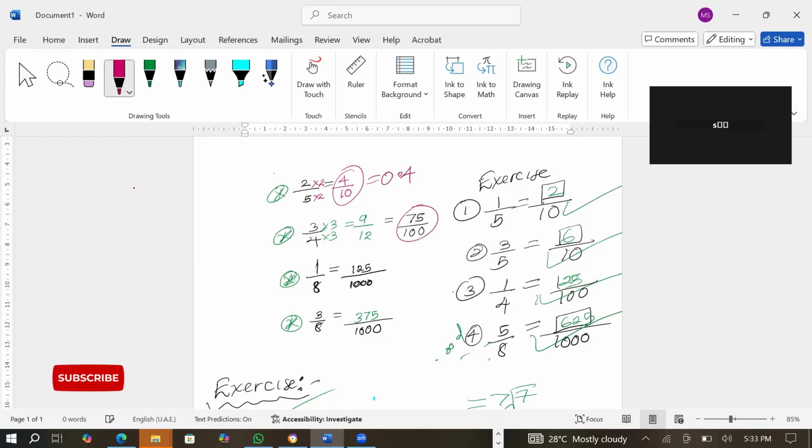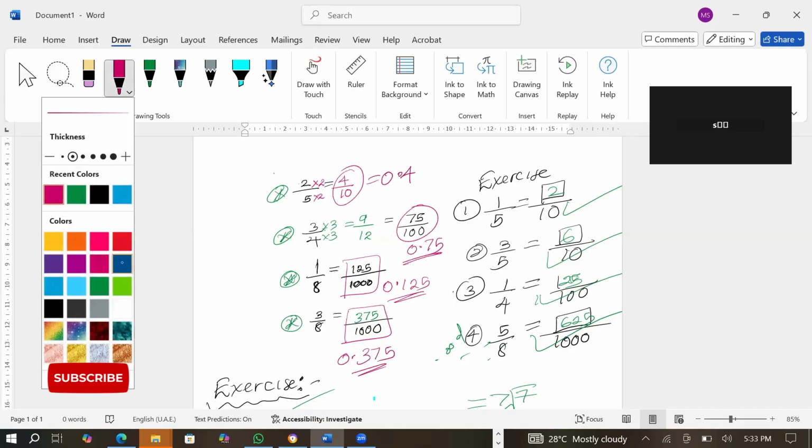This one. 0.75. Nice work. This one. 0.125. 0.375. Very good. And we will go to the next part.